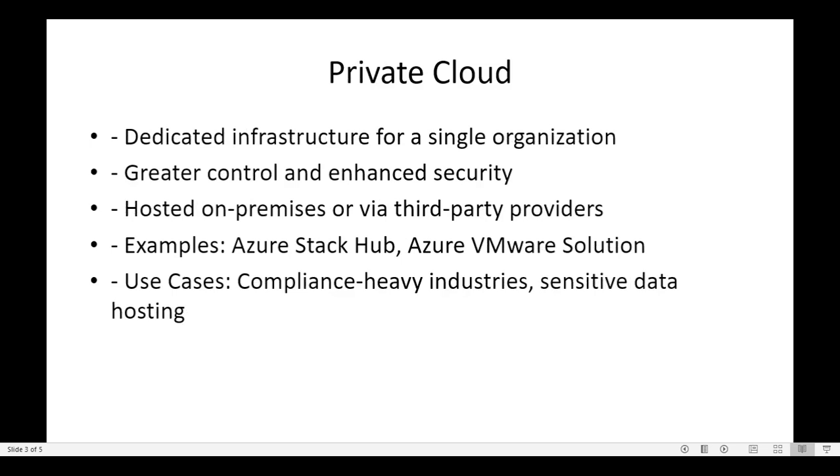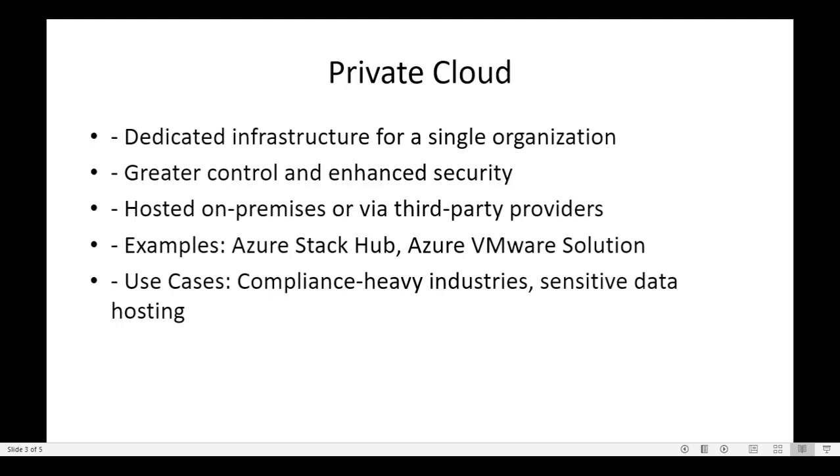But the private cloud is always dedicated infrastructure for a single organization. For example, I have one XYZ organization. Microsoft Azure will provide me dedicated infrastructure, and we have very great control and security, hosted on premises or by a third party provider.